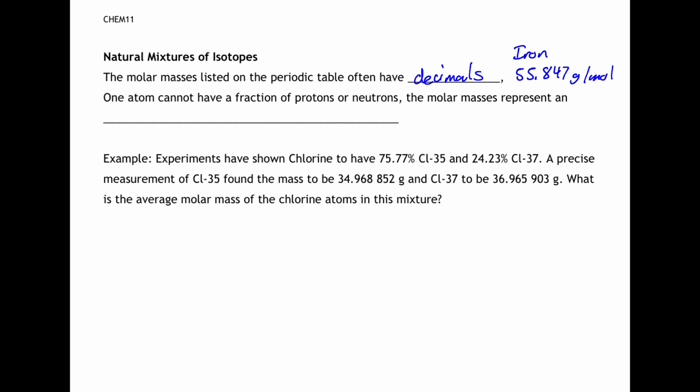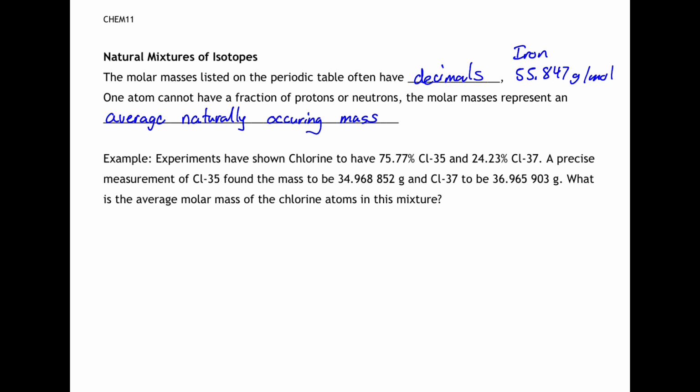It's this ugly number. I think yours just rounds to 0.8, but with more significant digits, it's this far. One atom can't have 0.847 protons. That doesn't make any sense. And so this is the average naturally occurring mass.